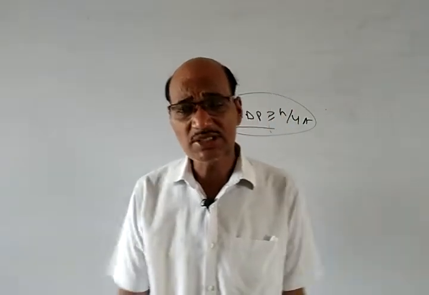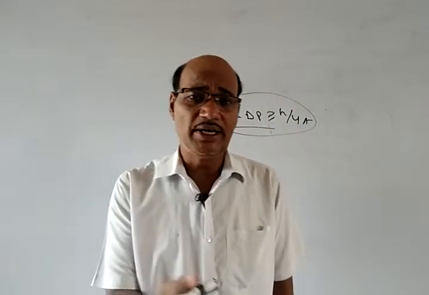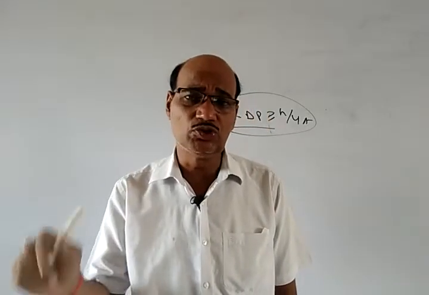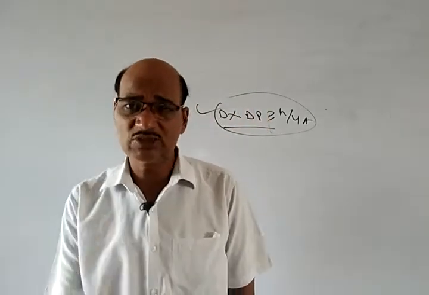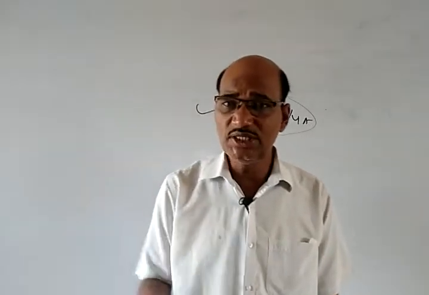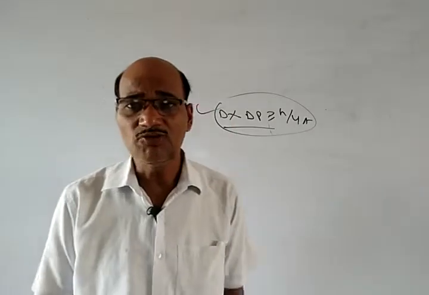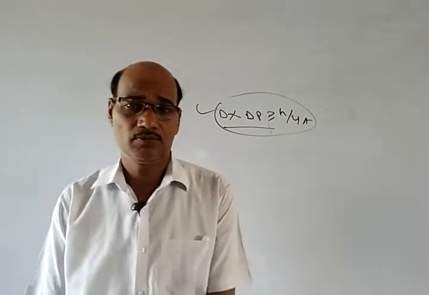Similarly, d also we discussed, l equal to 2, so m equal to minus 2, minus 1, 0, plus 1, plus 2. The dxy, dxz, dyz, dx square minus y square, and dz square. Five orbitals are there.